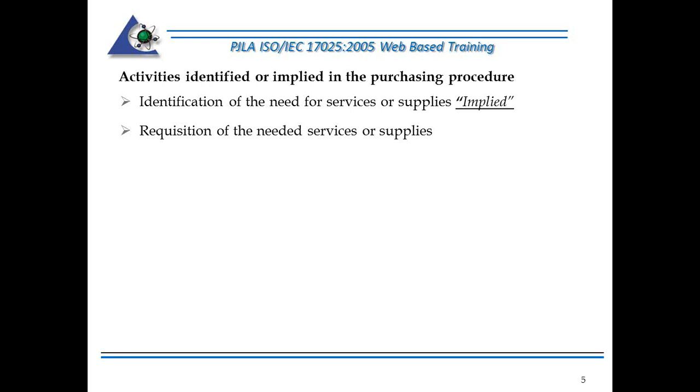Once that need is made known, then the next activity is requisition of the needed services or supplies. And I want to say at this point that in many labs, all of these activities are taking place through the efforts of the same individual. Laboratories oftentimes don't have large staffs, 24 technicians and half a dozen management and administrative people.